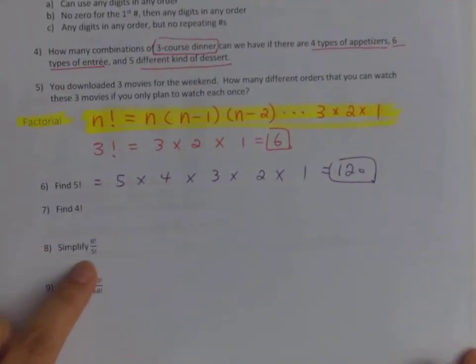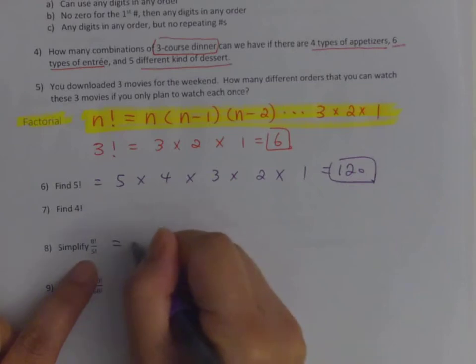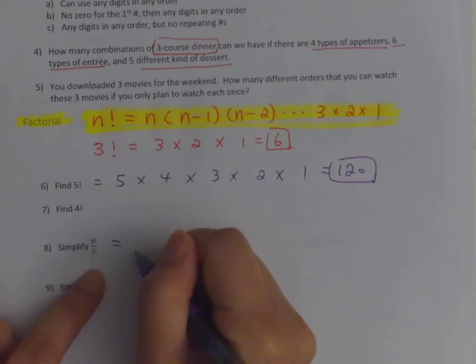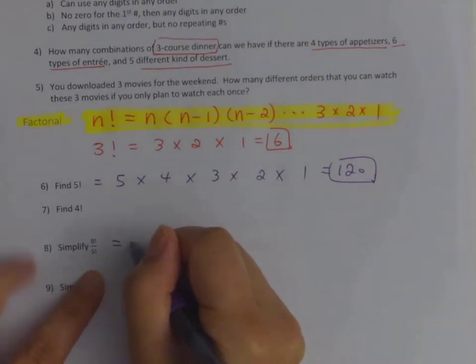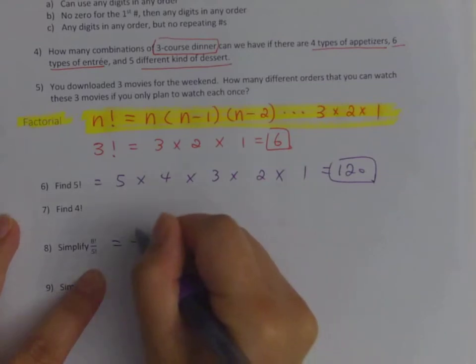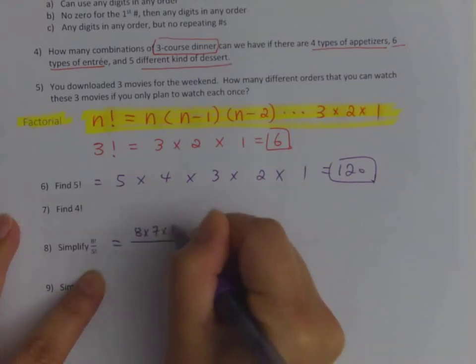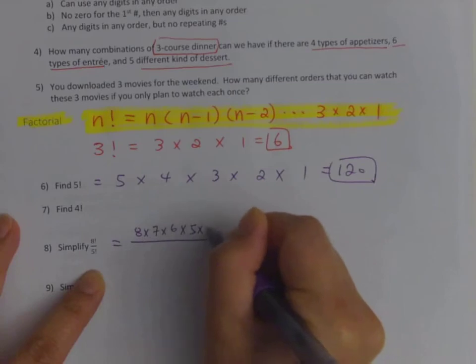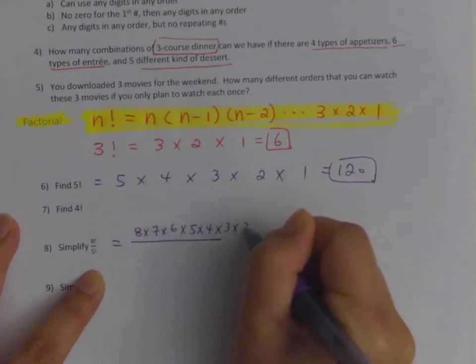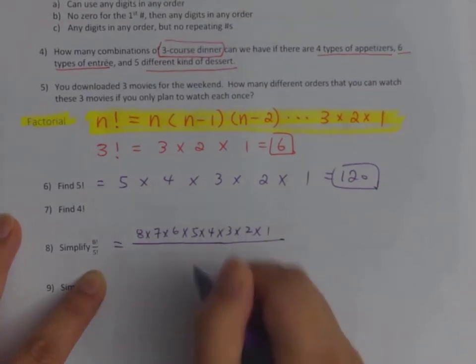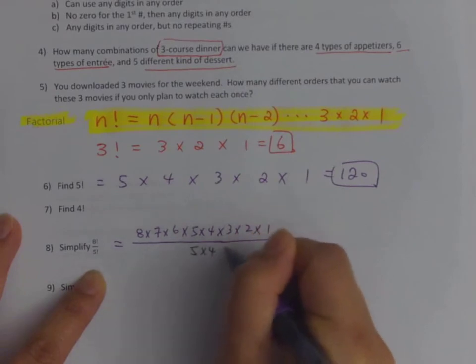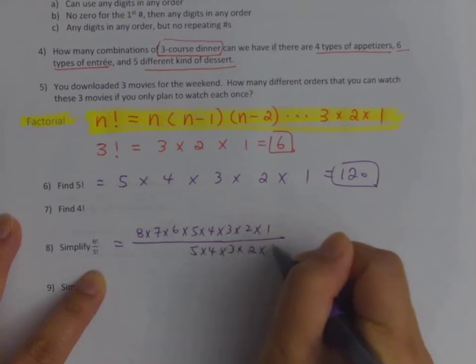And then they ask you to simplify this. So this means 8 factorial divided by 5 factorial. So basically you have 8, 7, 6, 5, 4, 3, 2, 1, right? And on the bottom you have 5, 4, 3, 2, 1.